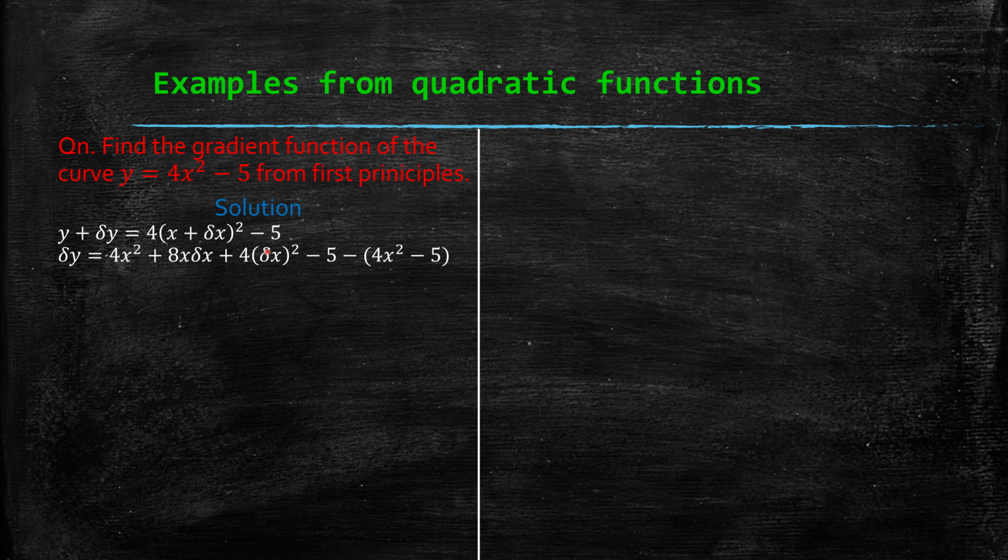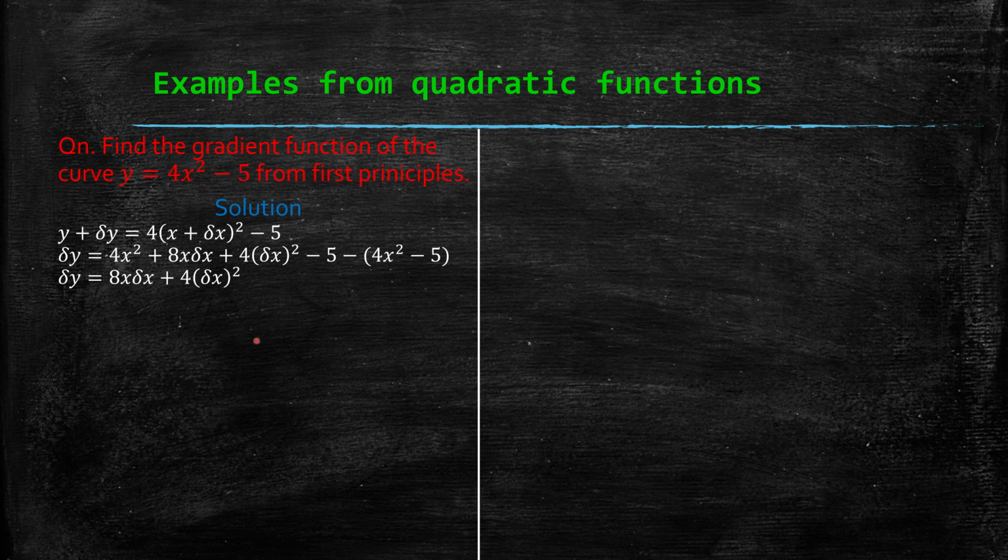Afterwards, we are going to make small change in y the subject by taking this y across, such that our function, when we expand by perfect square and multiply by 4, is going to be 4x squared plus 8x small change in x plus 4 into small change in x squared minus 5, then minus y, which is in the form of 4x squared minus 5.